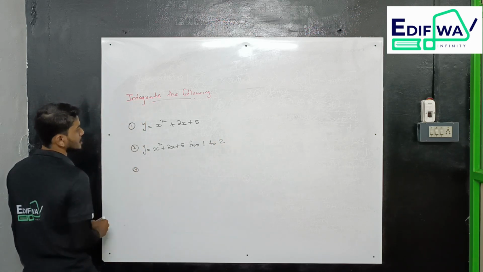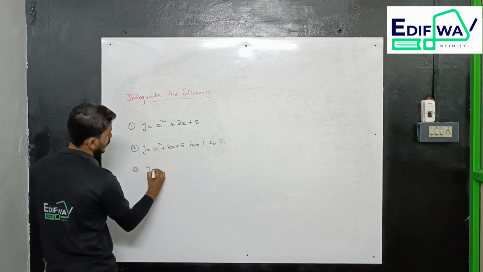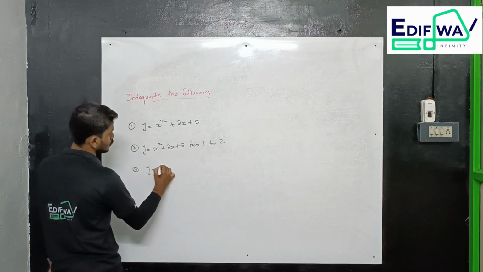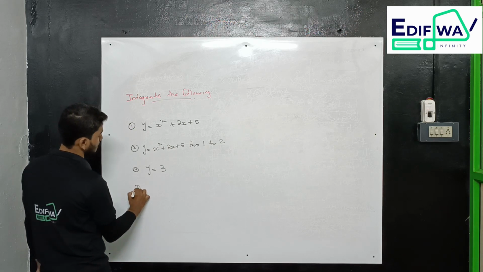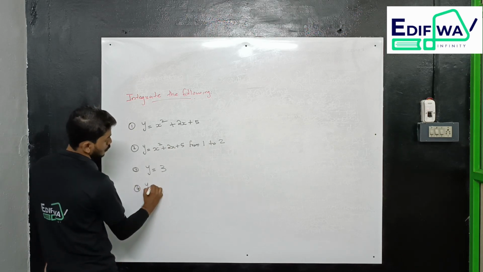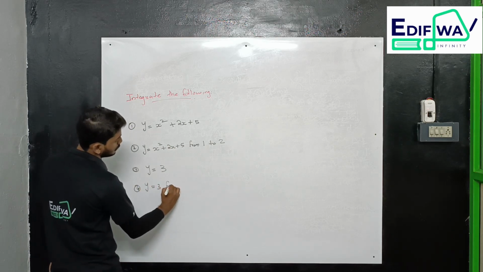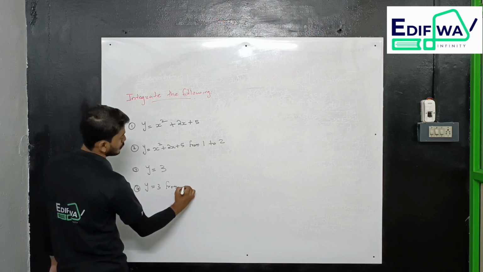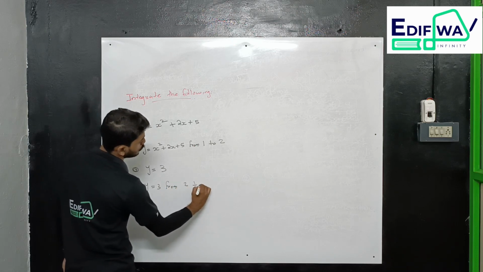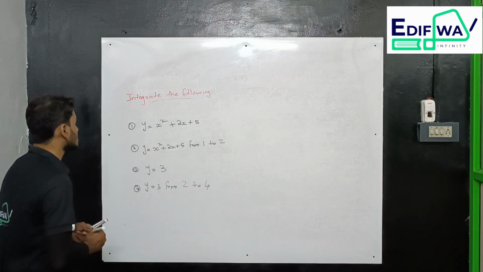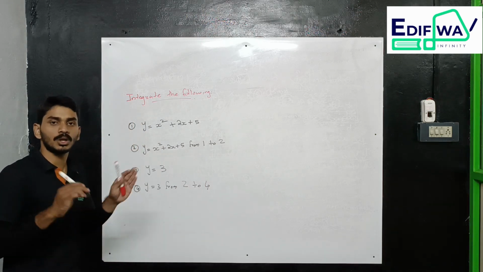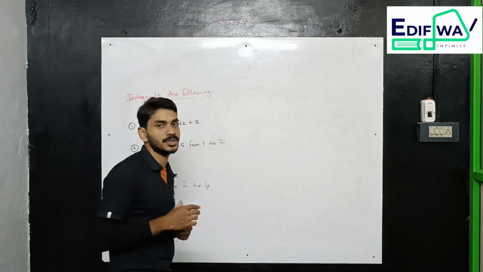Your third question is y is equal to 3. Your fourth one is y equal to 3 from 2 to 4. So these are the 4 questions that we are going to work out in order to understand integration.